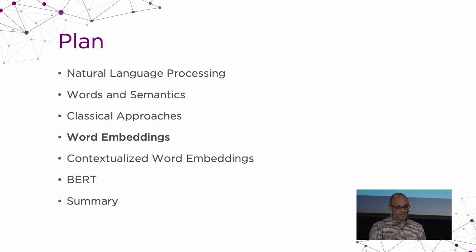And the other disadvantage is that it is not capturing any semantics at all, because all the words are at the same distance in the vector space. And then we also saw how to represent sentences, and also that representation, which was called bag of words, had some disadvantages. Now let's see how we can create a better representation for words that hopefully is capturing some semantics.